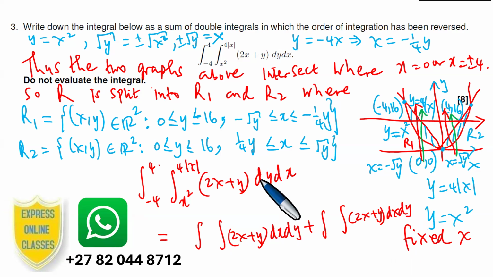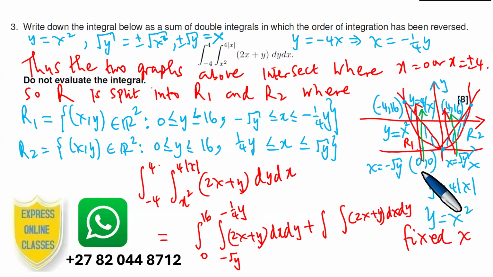Now, if it was dy dx, now it's dx dy. So we fix y. Y is from what here? If you look at region 1, y is actually from 0 to 16 still. What about x? X is from negative the square root of y to minus 1/4 y.